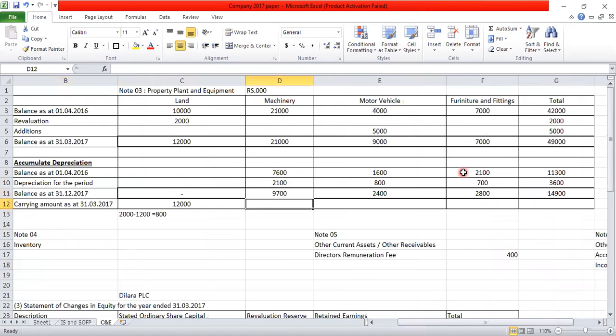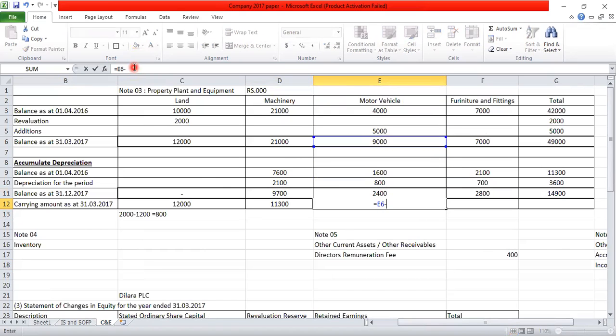So easily, I can deduct my cost with the accumulated depreciation. So 21,000 minus 9,700 will give me 11,300.